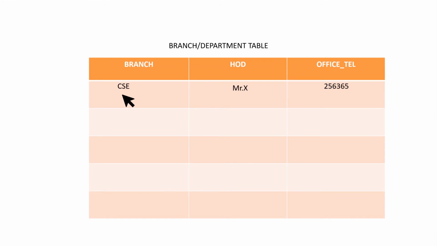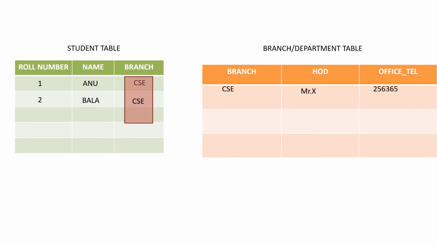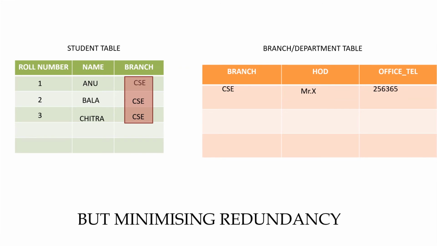So in the student table I can have any number of entries related with a common attribute, as many entries as I want with a single entry in the branch table. So here also there is redundancy. My point is, normalization does not eliminate redundancy, but it helps to minimize the redundancy.